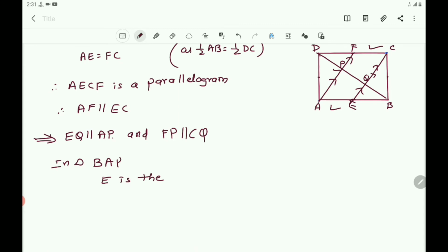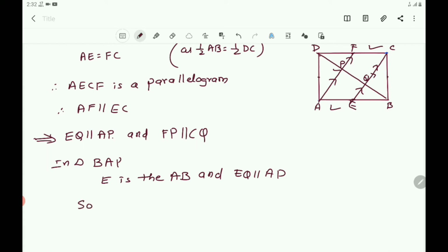Here you have taken in triangle BAP, E is the midpoint of AB, and EQ parallel to AP. So, Q is the midpoint of BP.